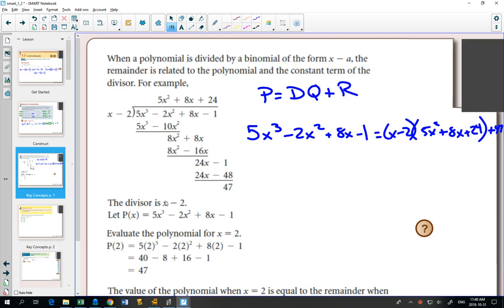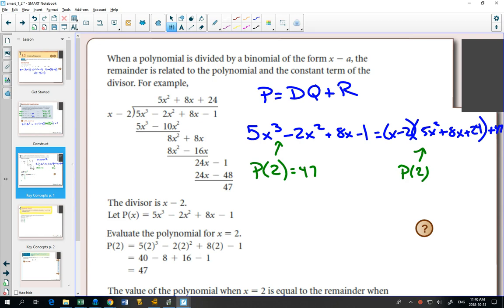When I plug in 2 into this side of the equation, I will get 47. And the reason I get the same as the remainder is because plugging in 2 on this side of the equation has to be the same as plugging in 2 on this side of the equation.